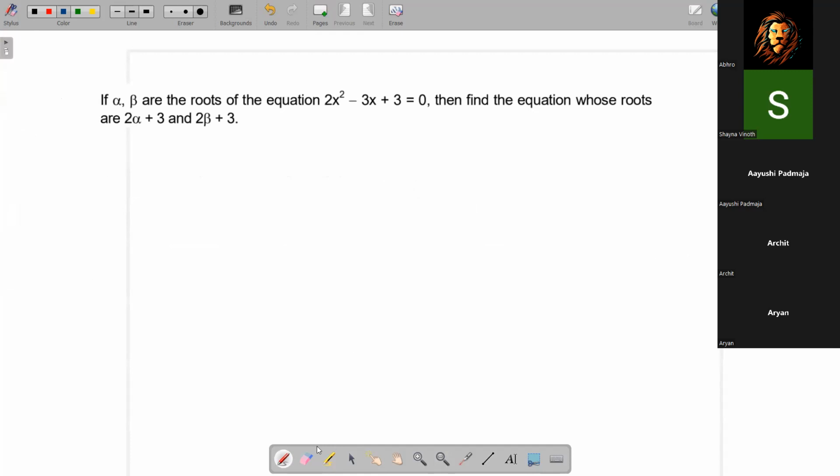But yes, sometimes the way I am suggesting you to do it may be a little tough. So in that case, you can simply use sum of the roots and product of the roots. No worries.